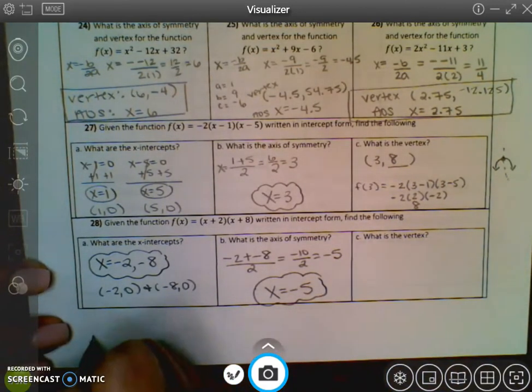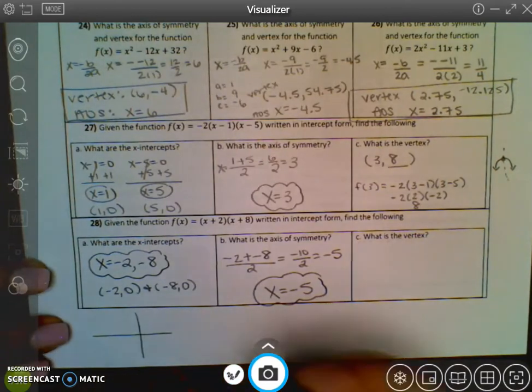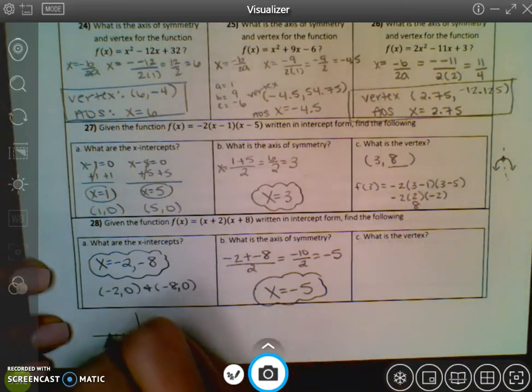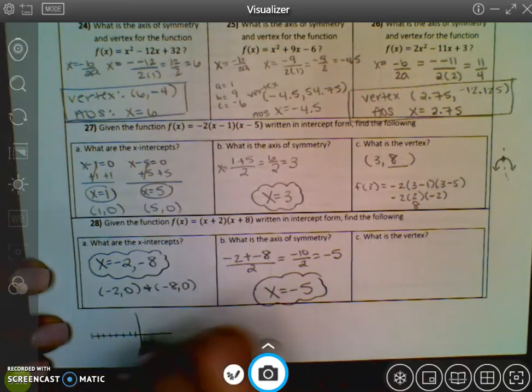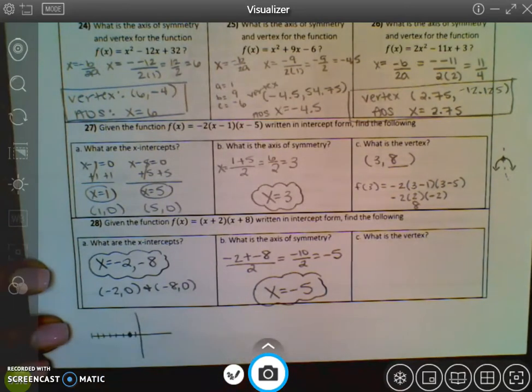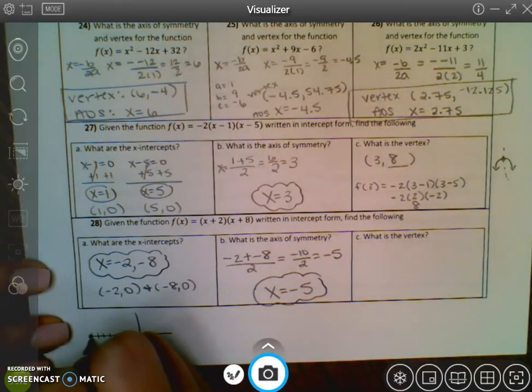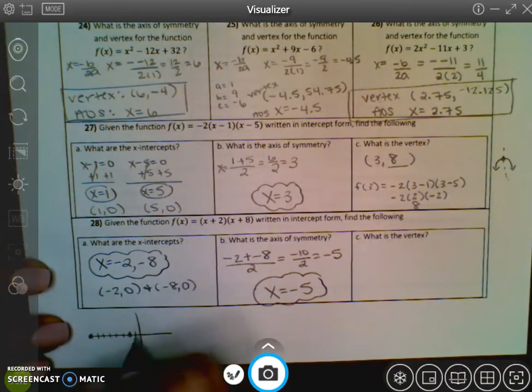If you think about it on a graph, so 1, 2, 3, 4, 5, 6, 7, 8. You're at -2 and you're at -8, and I need the point directly in between. So 1, 2, 3 hops over is the middle, because there's 6 spaces in between.